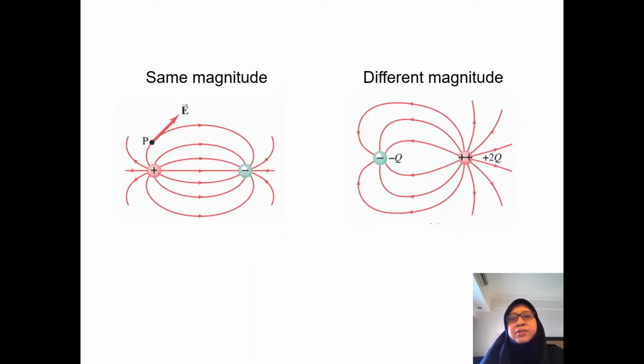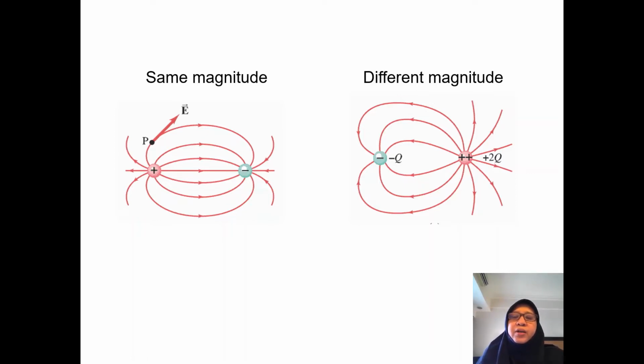If the charges are not the same, let's say one is negative Q and one is positive 2Q, the shape is different. You've learned before in Form 1, Form 2, Form 3 the pattern for two similar charges, positive Q and negative Q. But if one is negative Q and the other is positive 2Q coulomb, the electrostatic force is larger, so the shape becomes like this.